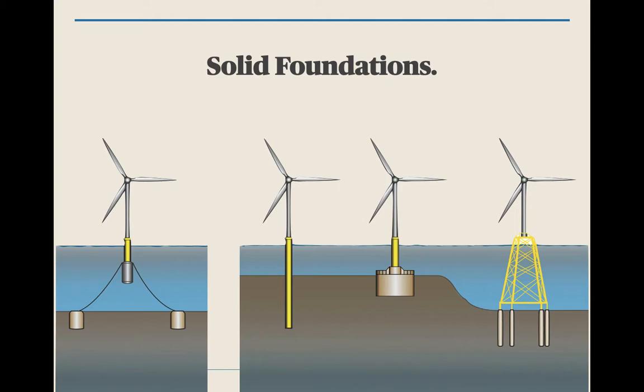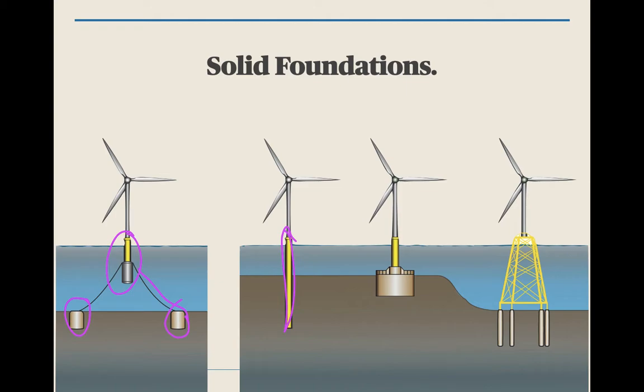Here are some examples of wind turbine anchors. We have a floating wind turbine, which has two suction anchors here. We have a monopole anchor, and we have various other things.